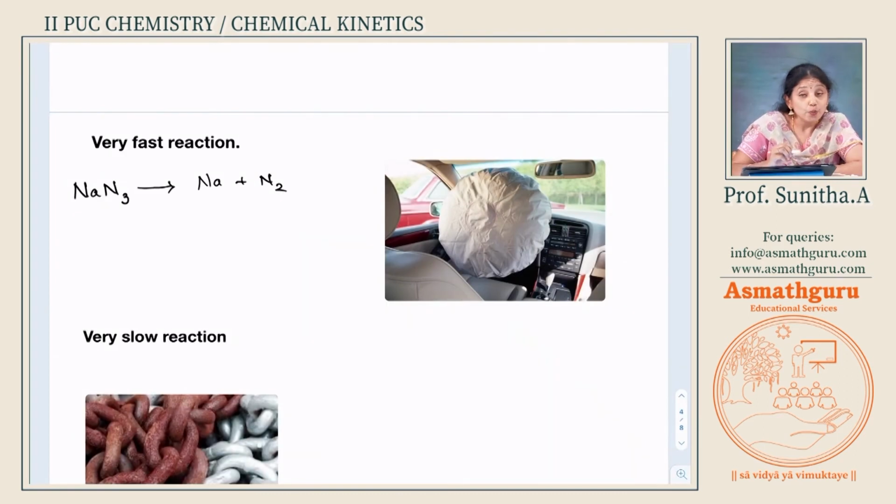So when the person goes and hits on the airbag, within 150 milliseconds the airbag will start getting deflated so that the damage due to rebounding is minimized. I don't say that it is not there at all, but it is minimized.